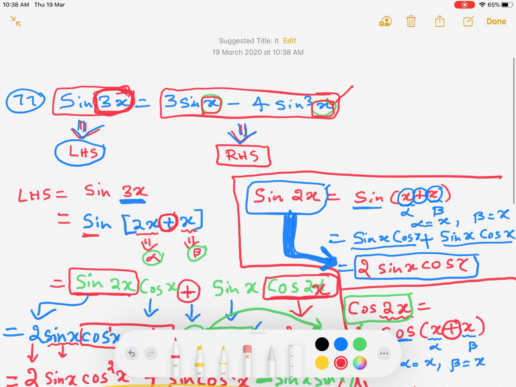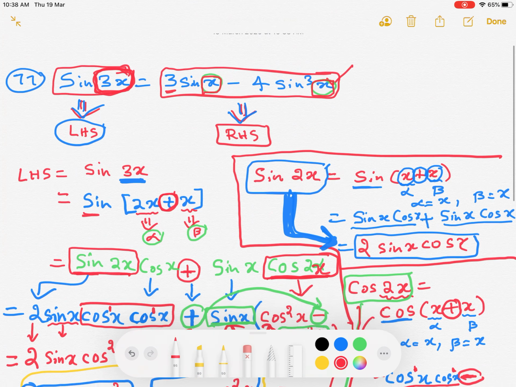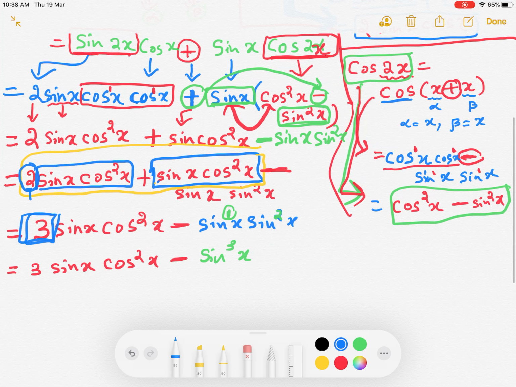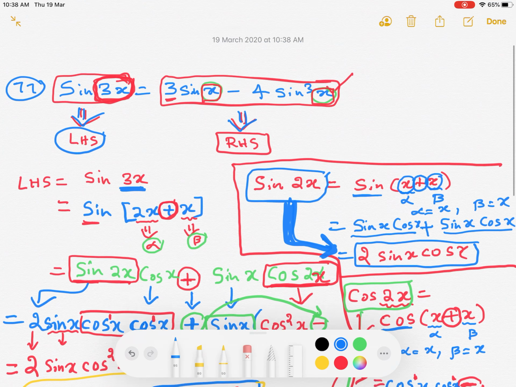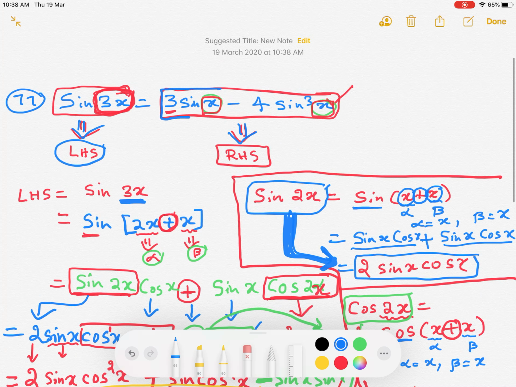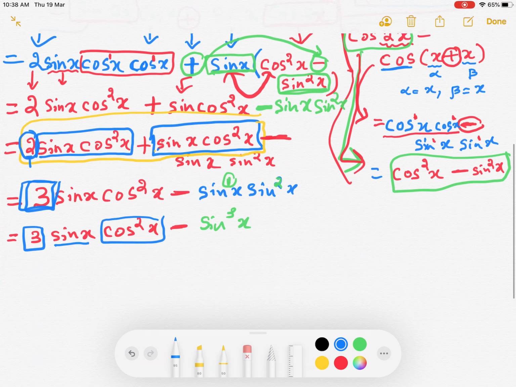Now go for the right hand side. What you want? You want 3 times sine x. You got 3 times sine x. So this cosine x is now extra. We want to remove this because we just want 3 times sine x only.